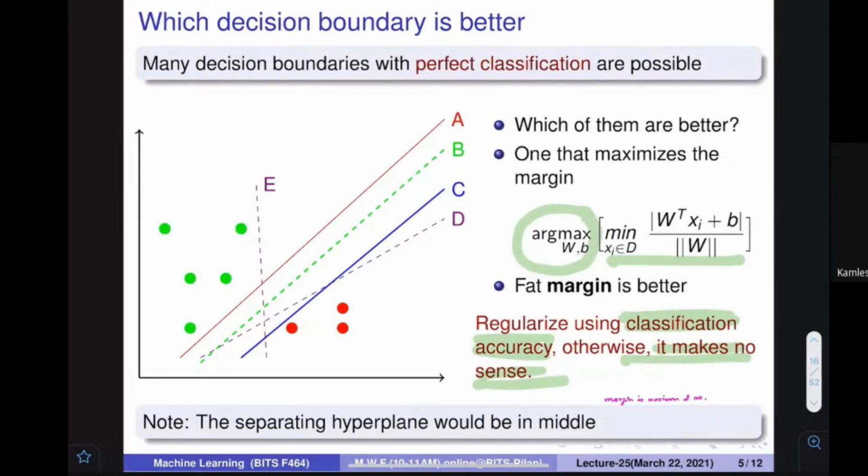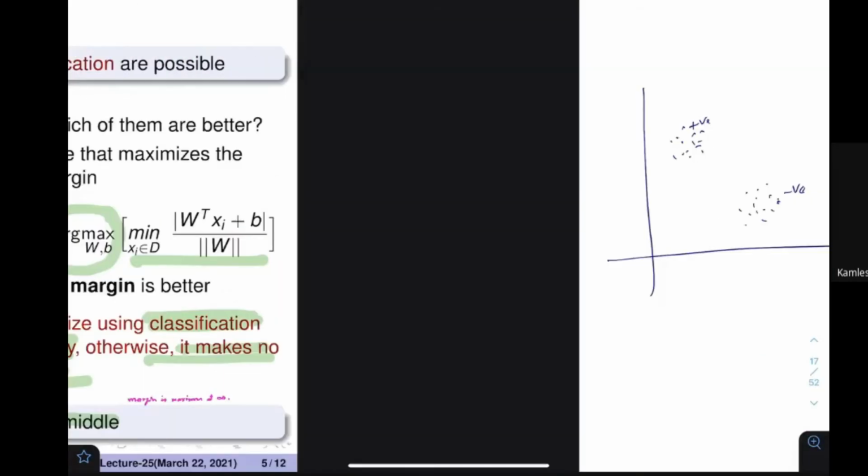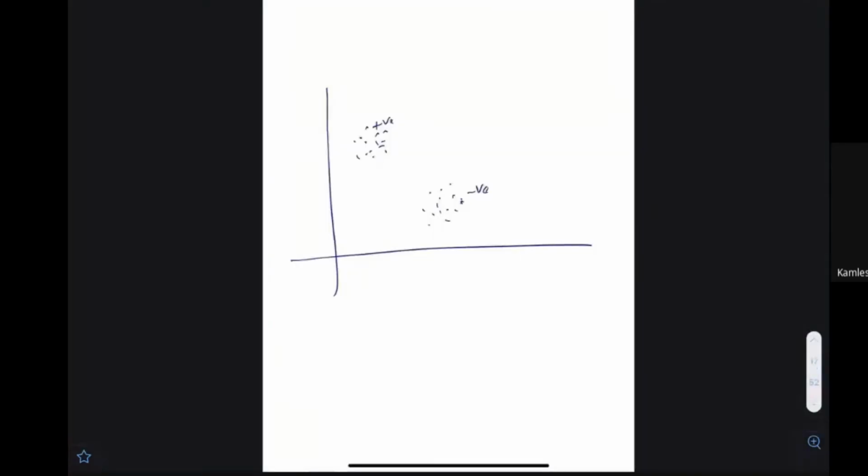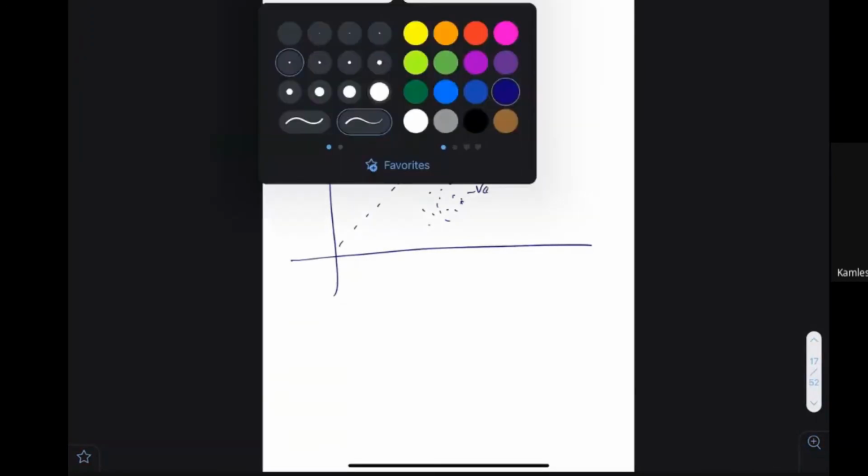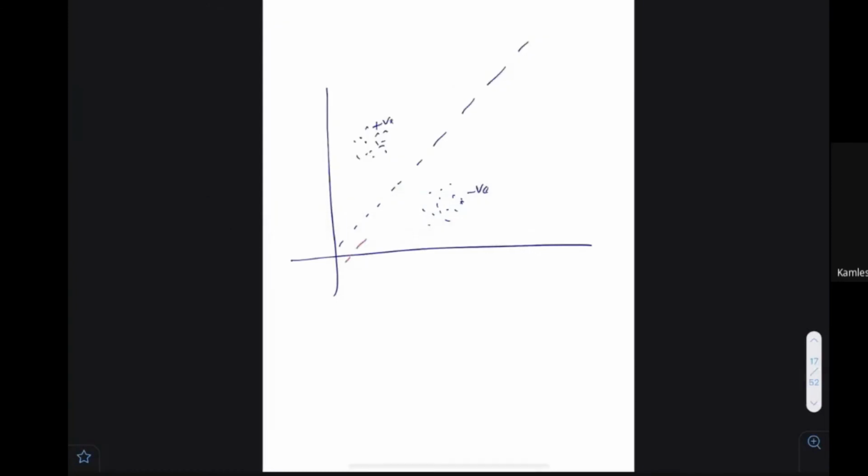So what does it mean? The separating hyperplane should be in between the classes. And let me tell you one more thing: whenever you come up with the separating hyperplane, it would be in the middle only. Why can't it be here?